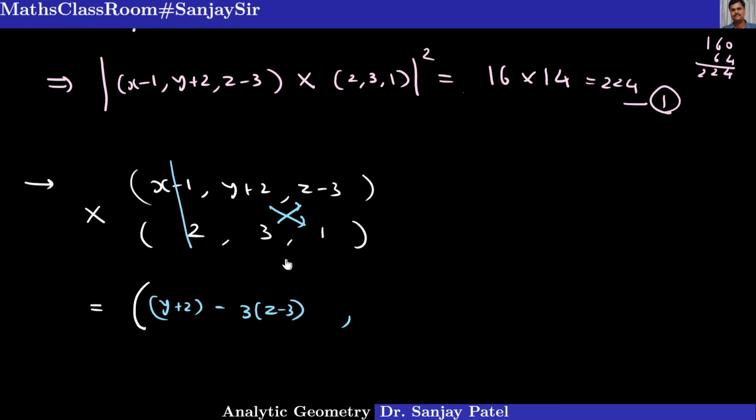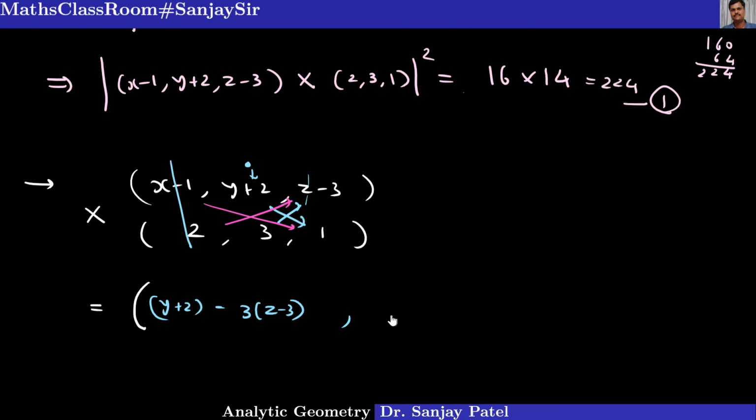Then for writing the second coordinate, we write minus sign, or we can take in the reverse order. As you know, we keep this fixed, all the terms below this, and take this into this minus this into this. Or I can take this into this first and then minus this into this.